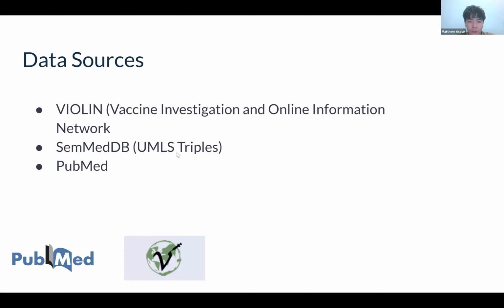The underlying program to do this conversion is something called SemRep, which is short for semantic representation. And then for PubMed, we use an API from PubMed Central, and so we can retrieve publicly accessible full text or abstract articles.